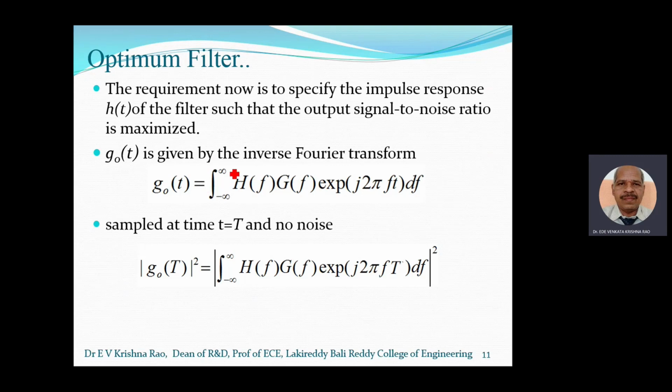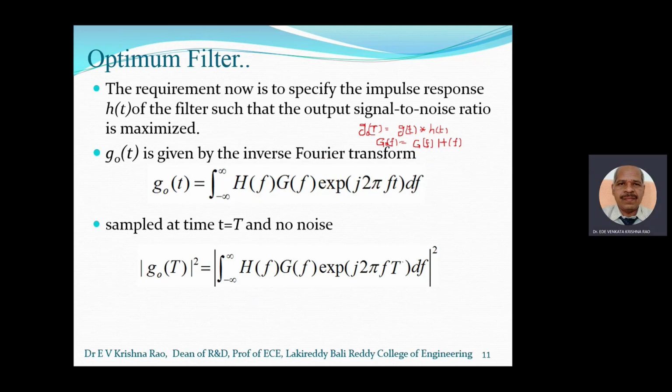So g naught of t is g of t convolved with h of t, and g naught of f is G of f and H of f in the frequency domain.